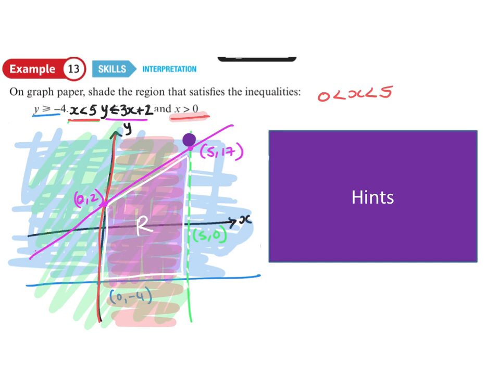It's a silly mistake. So when we do inequalities on a line, if it's less than or equal to, you draw a solid line. If it's just less than, you should draw a dotted line. Okay, because it doesn't include the number.